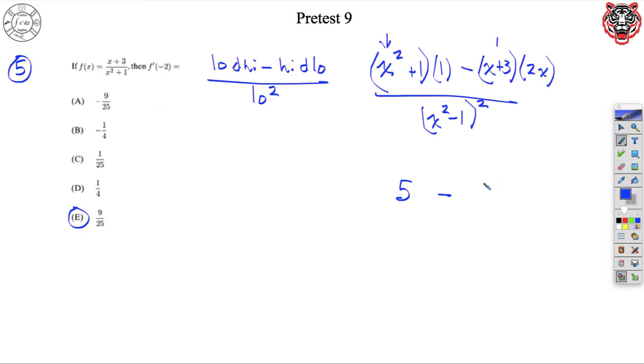So this whole thing turns into a -4. All that is going to be divided by, if I plug in a -2 here, -2 squared is a 4. 4 minus 1, or sorry, is that right? It's 4 plus 1. That's the mistake. Thank you. That's an extra credit point. 4 plus 1 is 5. 5 squared is 25. It's 9 over 25. E. All right, we have to go quick.